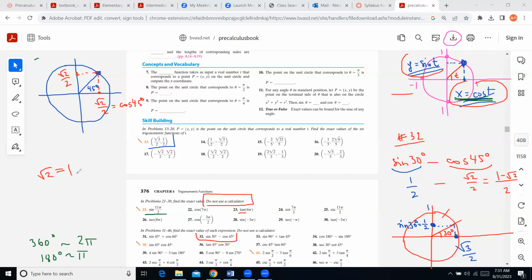It's like 1.4142, something like that. It's really an infinitely long decimal, and that's why if you use a calculator, it'll be cut off, because these are so-called irrational numbers that continue without end.